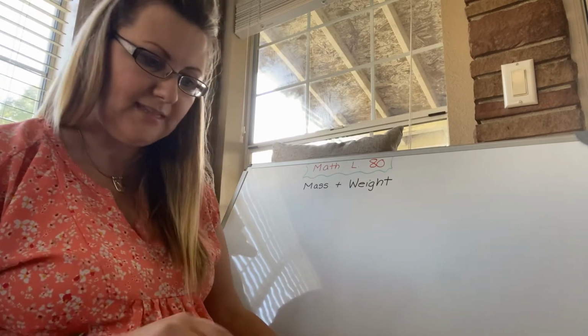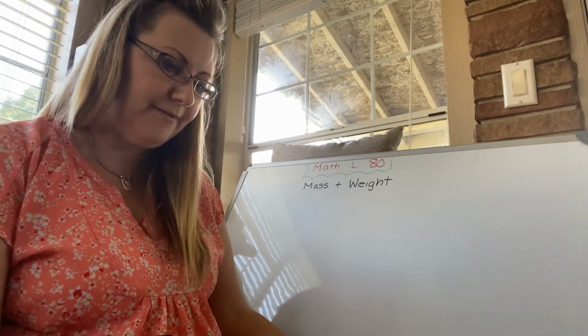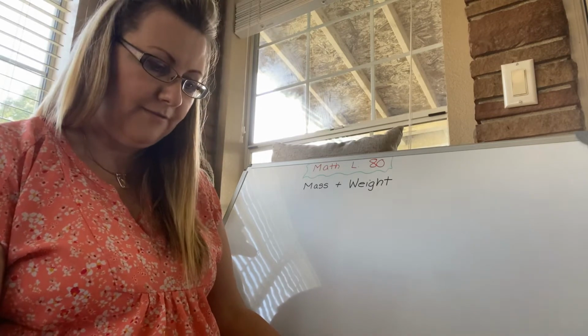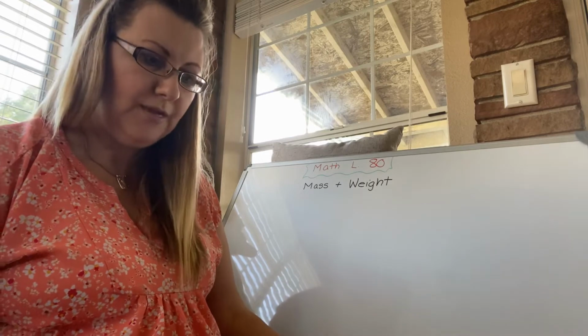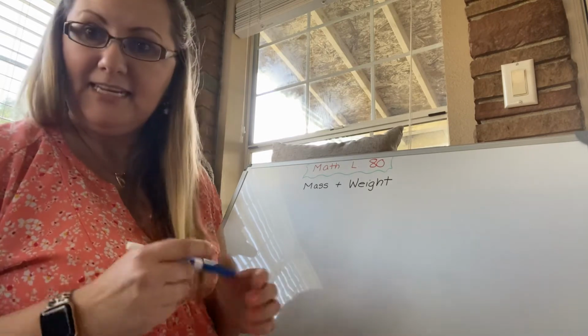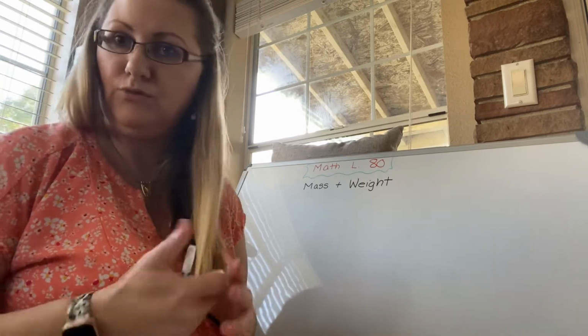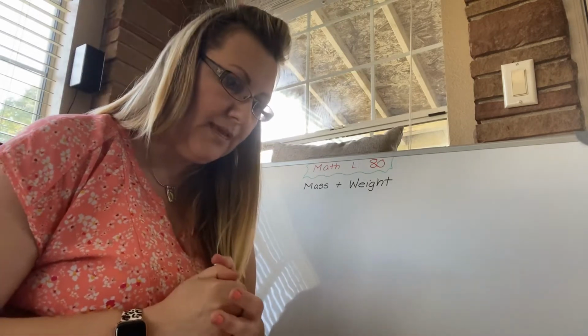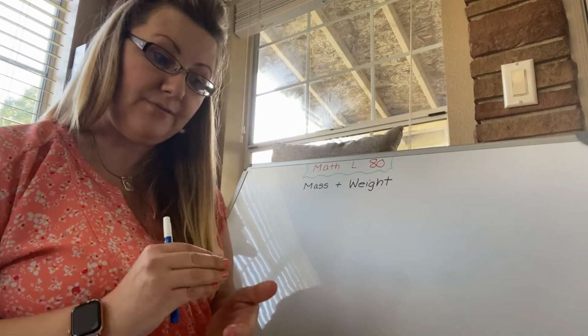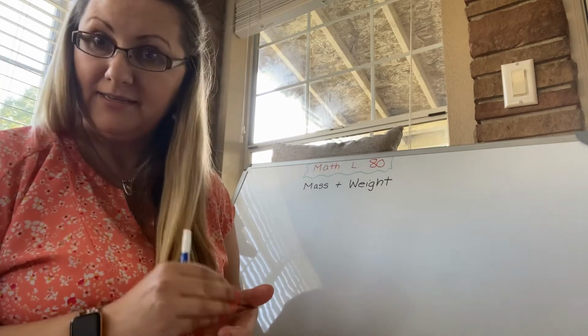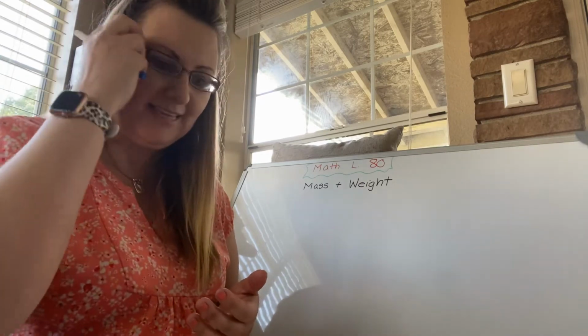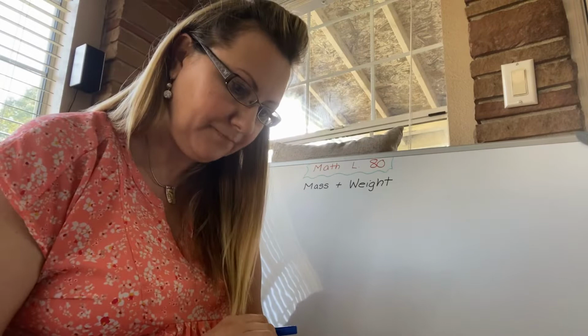Now take a look at that little chart right about in the middle of page 532 that tells us that 16 ounces is equal to 1 pound, and 2,000 pounds, LB is short for pounds, is equal to 1 ton.